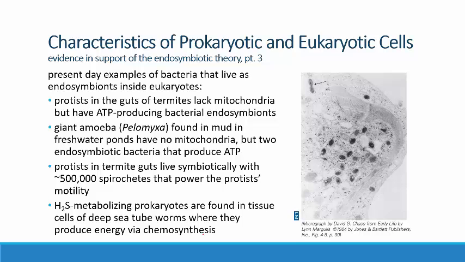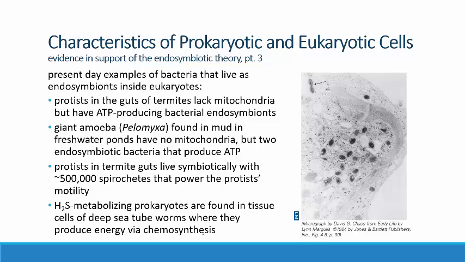So sort of like we talk about photosynthesis, chemosynthesis is getting energy directly from chemicals. So four examples for you there of endosymbiotic organisms found today around us. And Margulis would suggest to you that they are in the process of evolving into organelles.